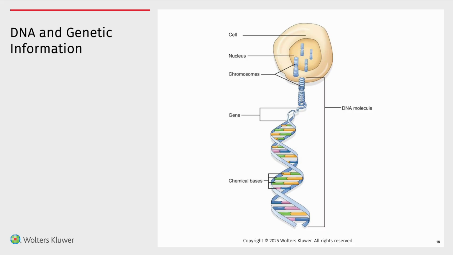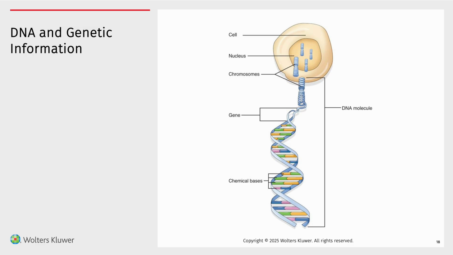Okay, so it starts at the cell, the basic unit of life, as we all know, and then inside the cell is the nucleus, which houses the chromosomes. The chromosomes are long strands of DNA tightly coiled and packed.